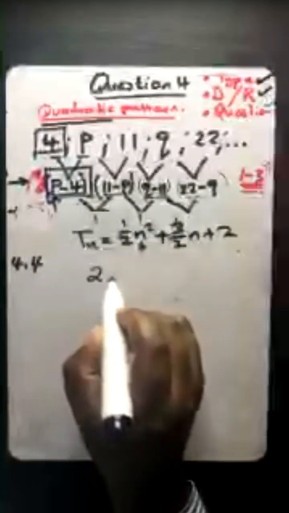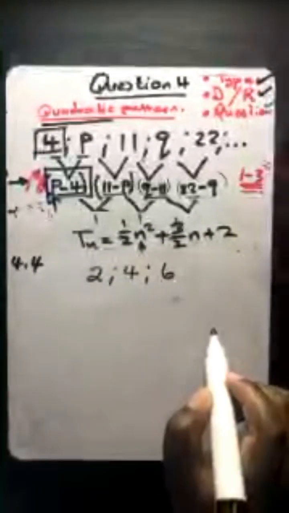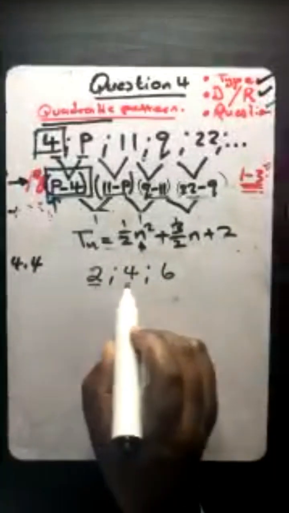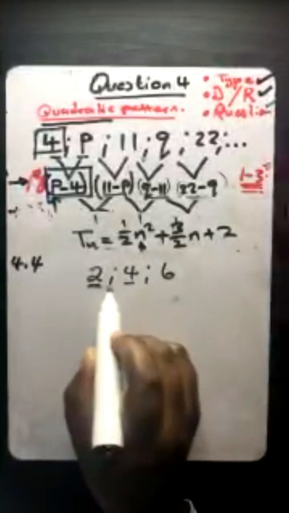Guys, what I understand is that, let's say if we have 2, 4, 6, when they say consecutive terms, they are saying you add this and that, not this and that further along. It has to be a term and the next term.